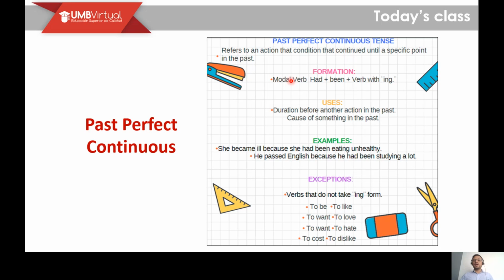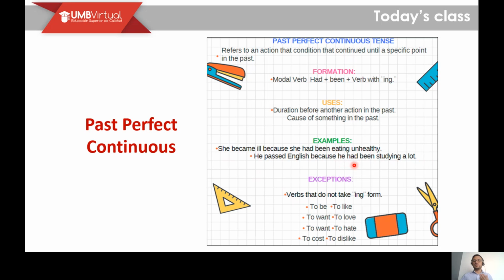But let's see. We have the auxiliary had, then the verb been, always in this way, had been, and the verb with ing. We have the example, she became ill because she had been eating unhealthy. She passed English because she had been studying a lot.